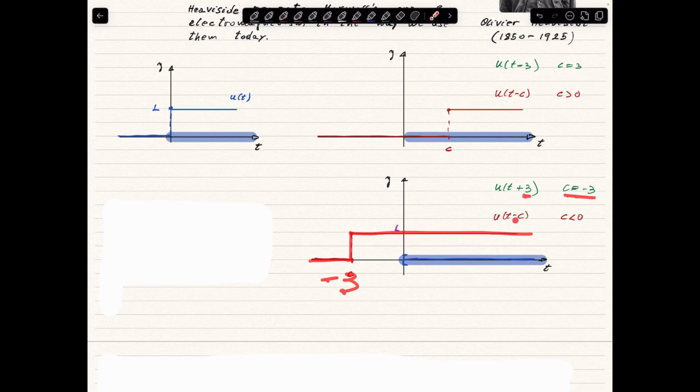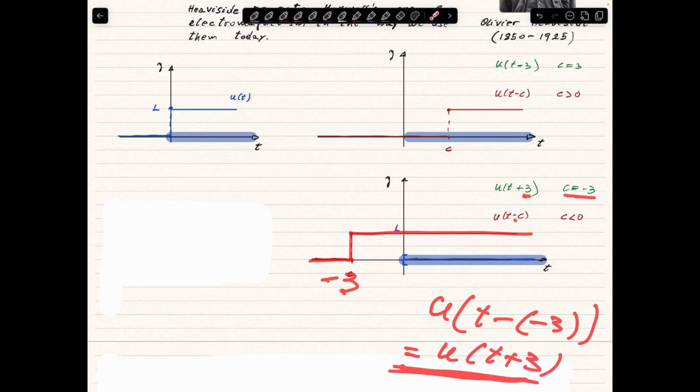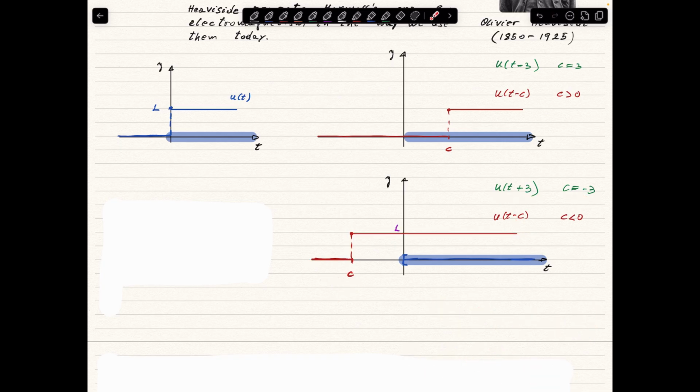Then u of t minus c, which is u of t minus negative 3, is equal to u of t plus 3. This is the shift of the step function to the left by 3, because it's a shift to the right by negative 3. So this is how the function looks when we shift the step to the right or to the left. This is how they look analytically.